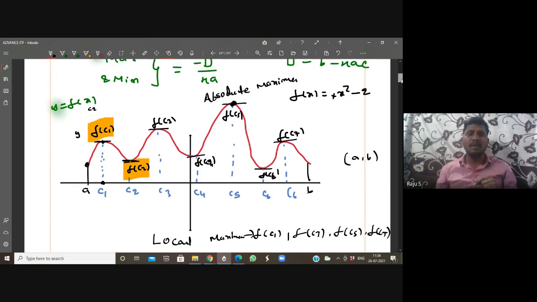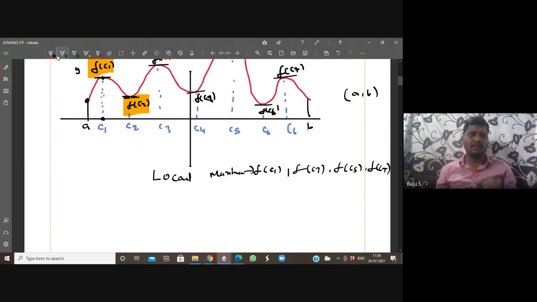In the same way, f of C2, f of C4, f of C6 are called local minima. And what is the absolute minima here among all three?